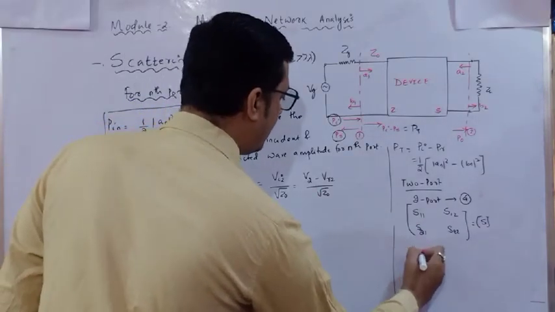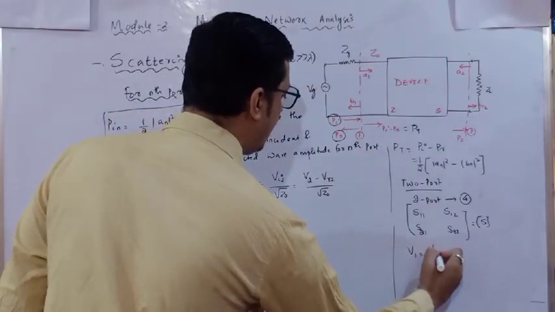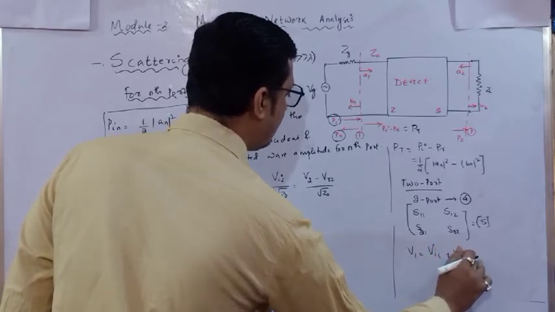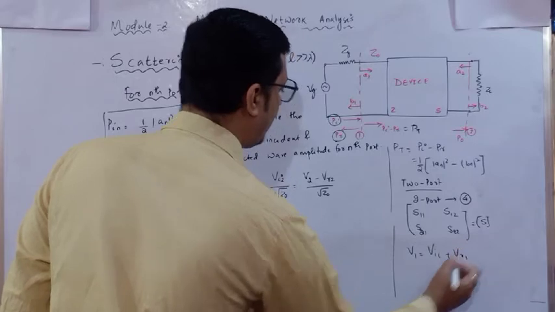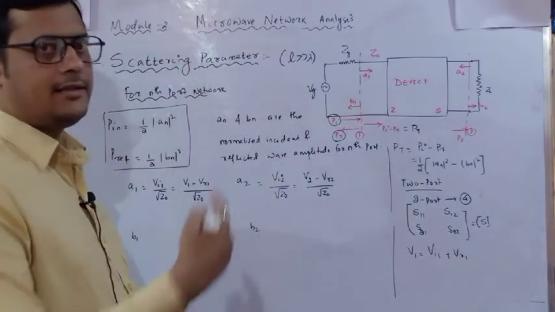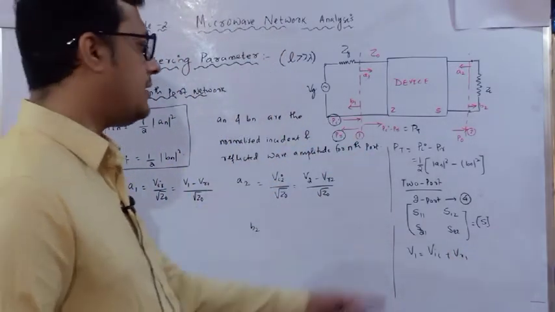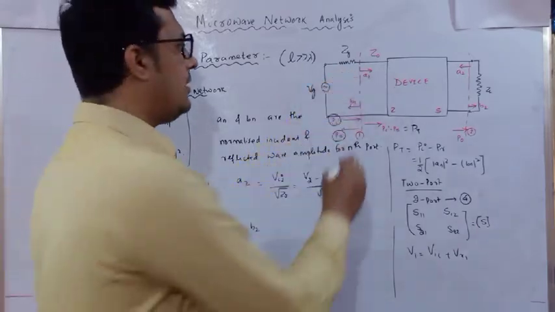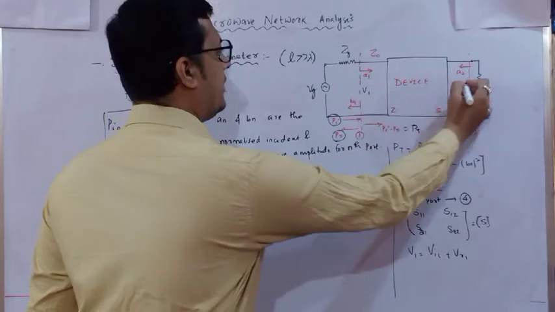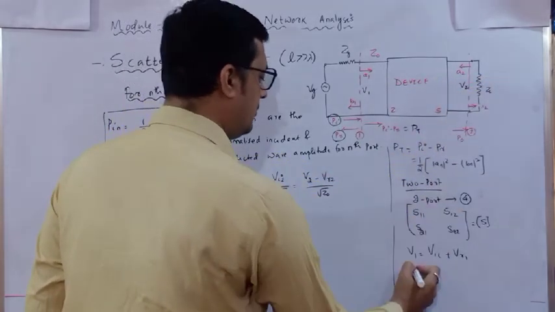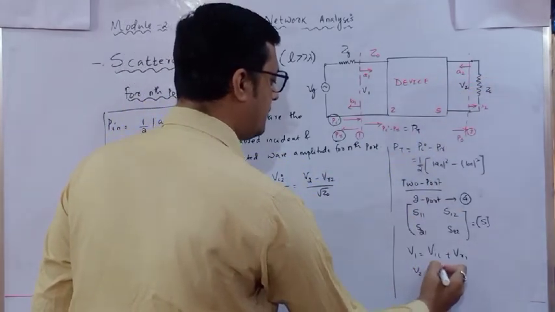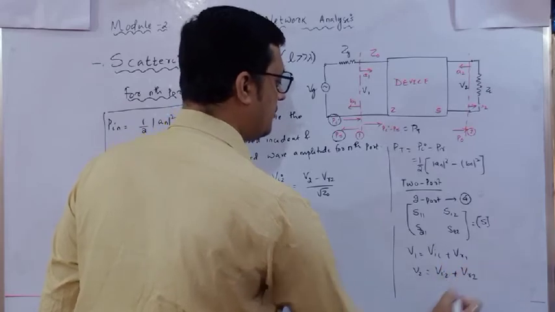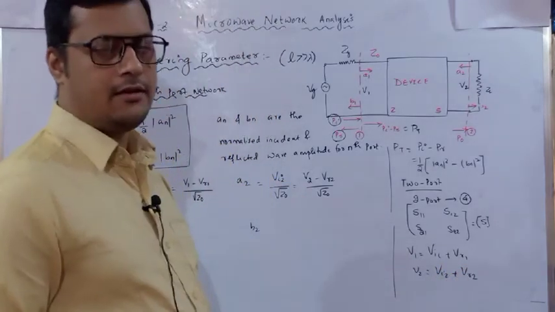V1 is equal to Vi1 plus VR1, because it is the total potential. If I add the incident potential with the reflected potential, I will get V1, meaning the potential available at port 1 here, and V2 is equal to Vi2 plus VR2, the reflected potential at port 2.